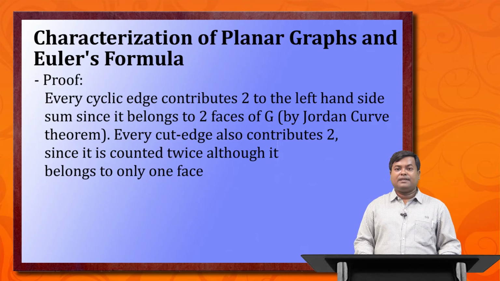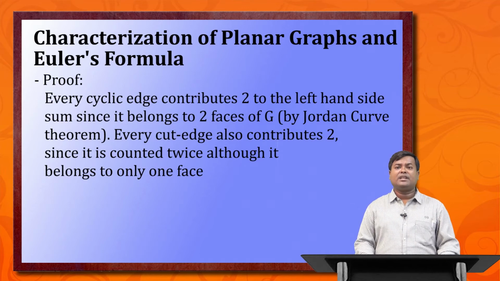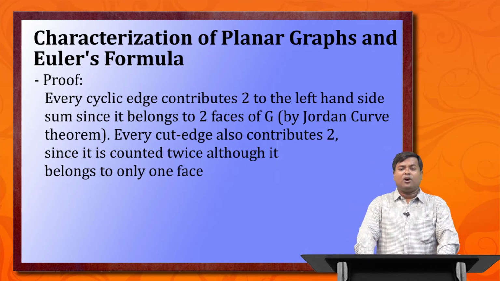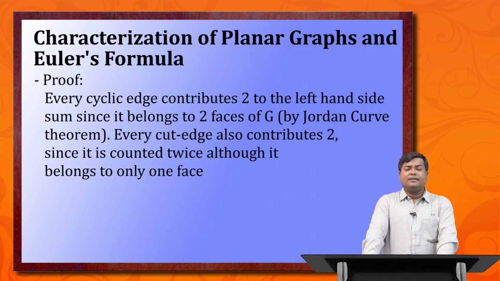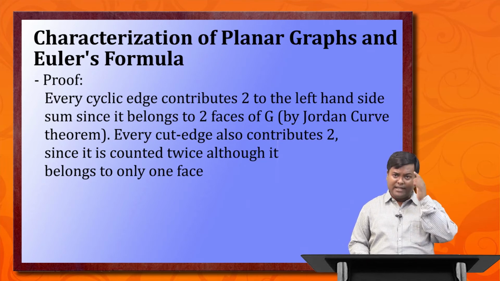In a graph, the edges will be either a cyclic edge or a cut edge. Now as per remark 1, we know that every cyclic edge will contribute 2 to the calculation of the degree. And we also found that every cut edge is counted twice while calculating the degree.